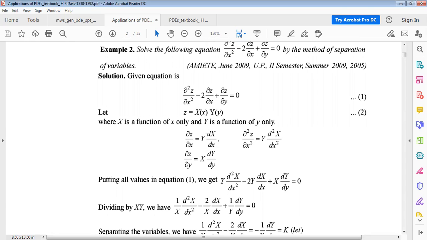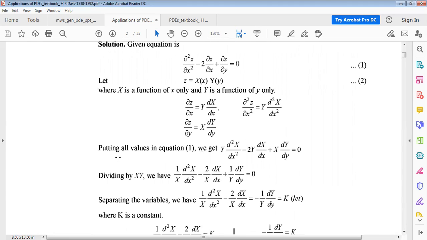So we can take partial differentiation of z with respect to x will be this, and double differentiation, del square z by del x square, will be Y into d square X by dx square. Understand? Similarly del z by del y equals to capital X into dY by dy.